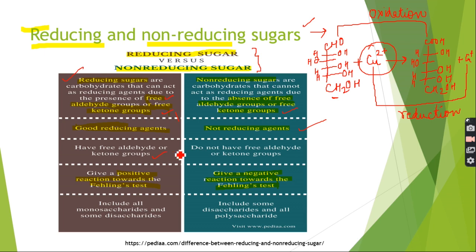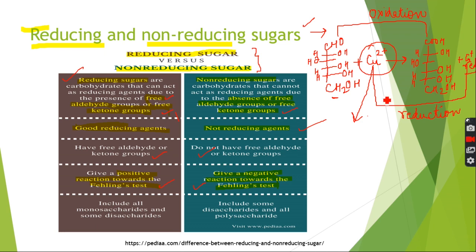Okay, we have already discussed they have free aldehyde or ketone group. These do not have free aldehyde or ketone group. Reducing sugars give a positive test with the Fehling, and non-reducing sugar gives a negative test with the Fehling. I told you that this Cu2+ in the form of copper sulfate is present in the Fehling's reagent, and when it is able to reduce these Cu2+ ions to Cu+, then we will say there is formation of a red color.